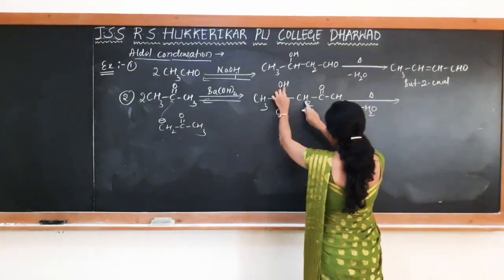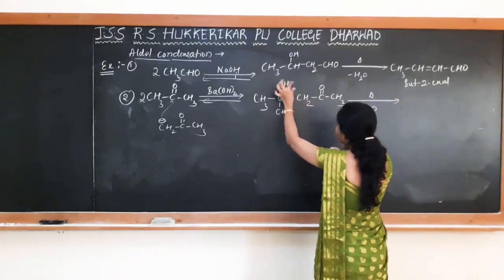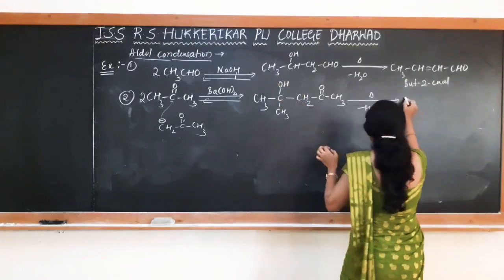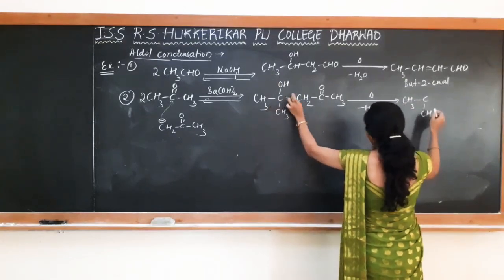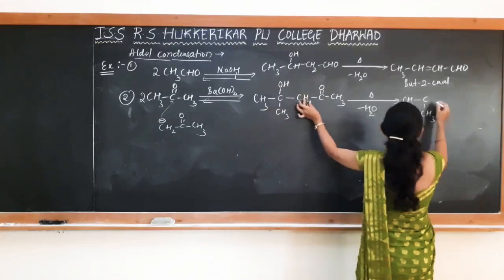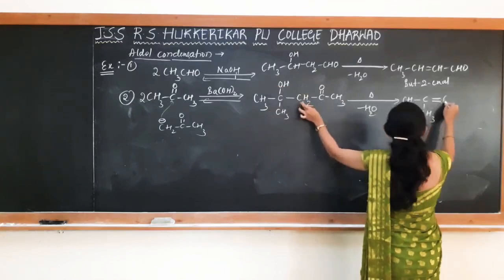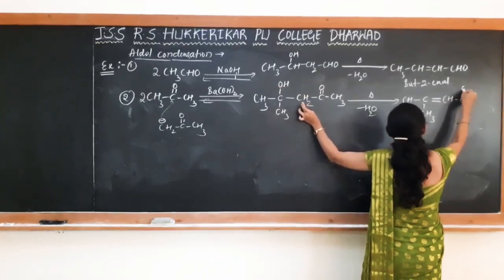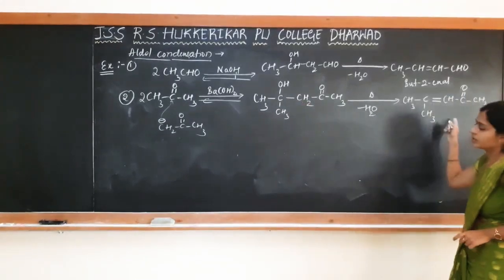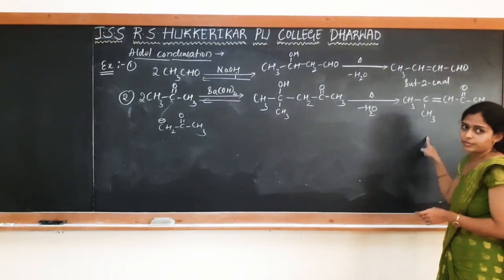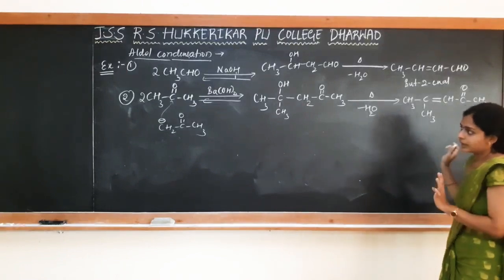So for that you have to remove one hydrogen from here and OH from here. So which product are you getting? CH3, C CH3, this OH and H from here go out, so you can write double bond CH CO CH3. Okay, so this is the aldol condensation product formed in this particular reaction.